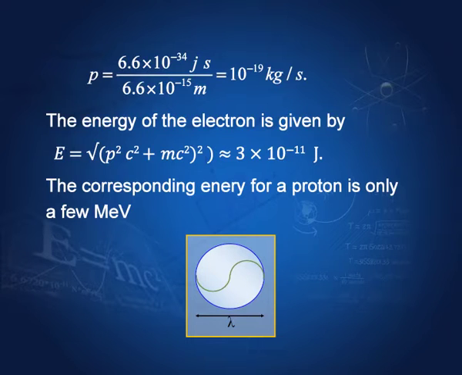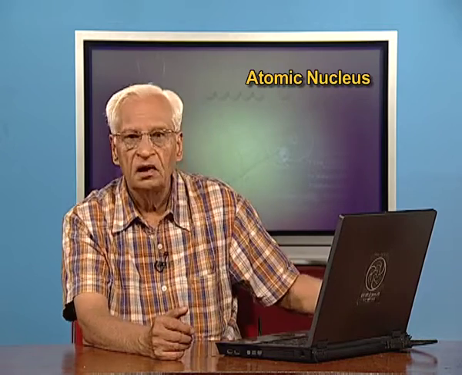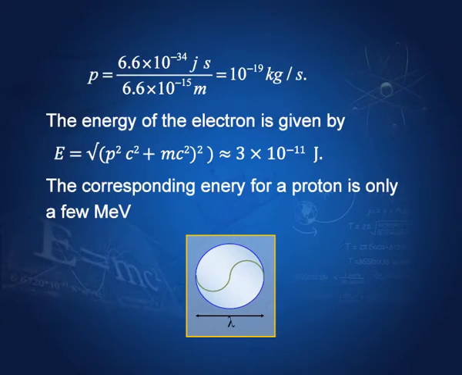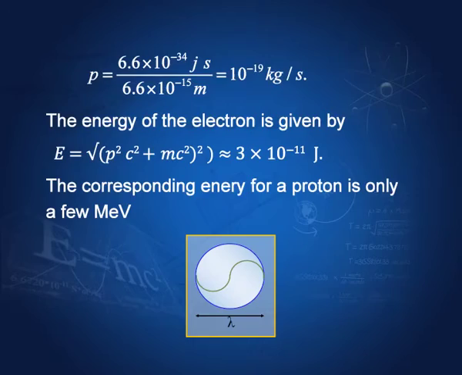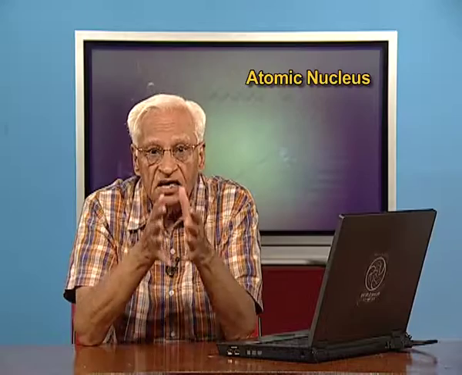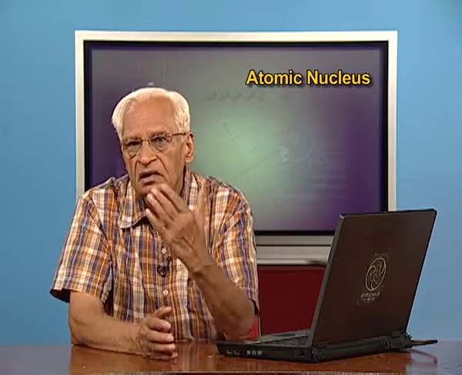So, from this momentum we can find the energy of the electron, and you can see this energy is a few hundred MeV. If we did this exercise with protons, their energy would be only a few MeV. The energy of the electron is a few hundred MeV, and this energy is very large compared with the energy involved in nuclear processes.